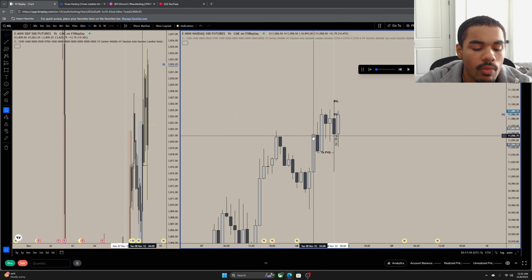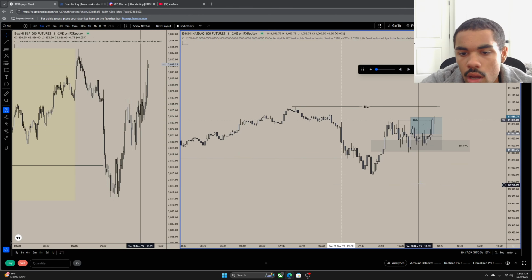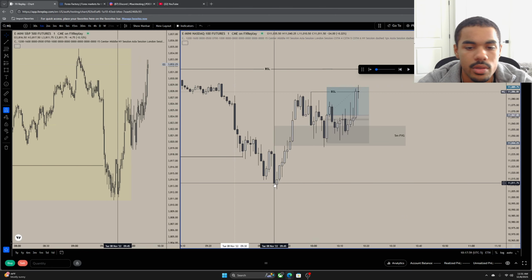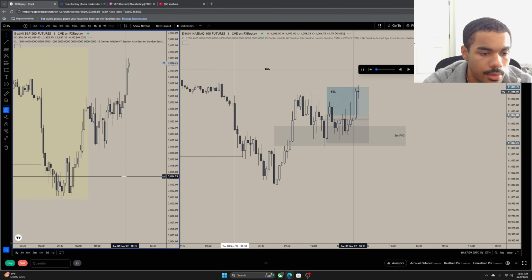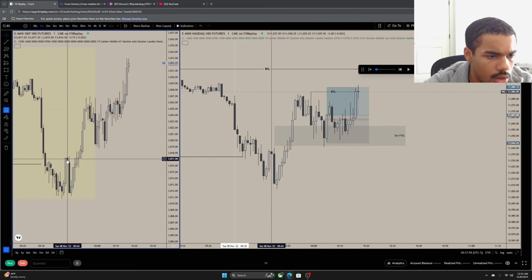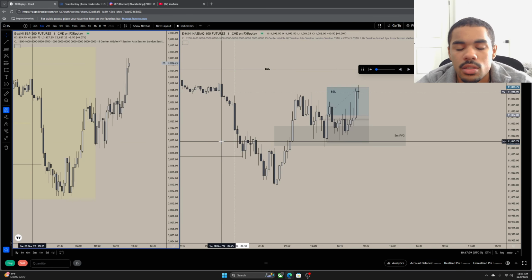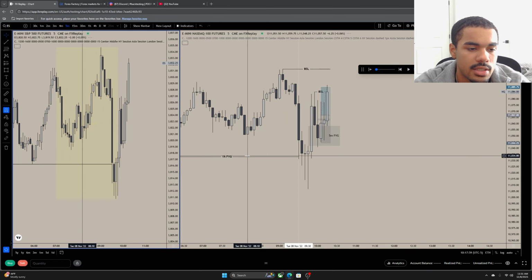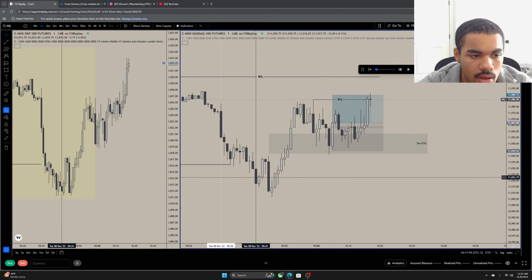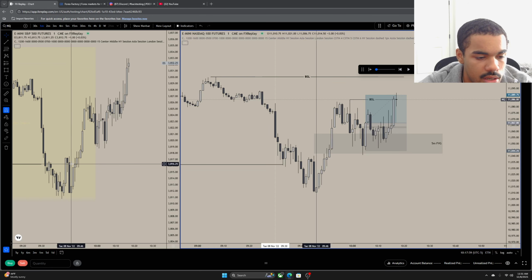One thing to note here, I do want to go into this mech model here because this does look pretty damn good. Some good things and some bad things. One, I just didn't like how we had that SMT with the 5 minute.